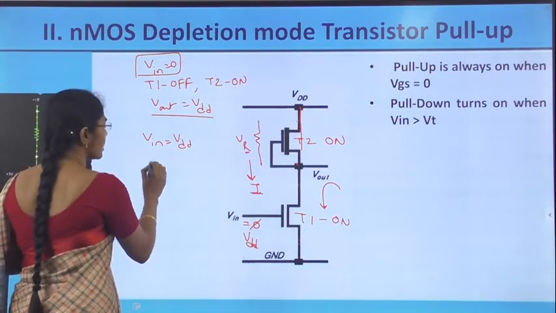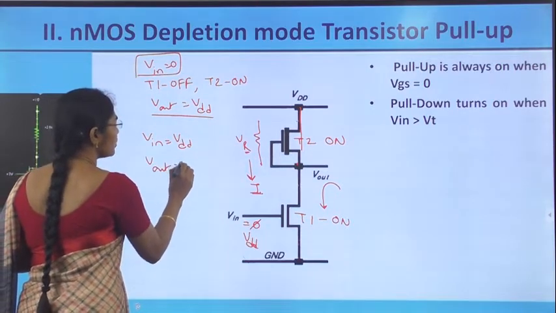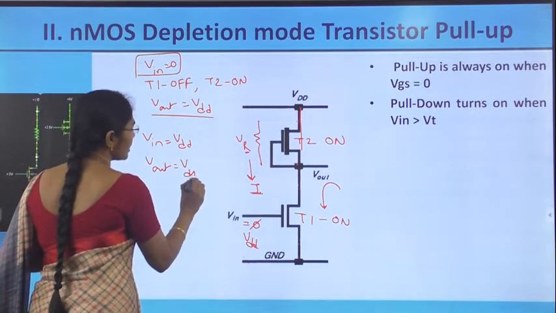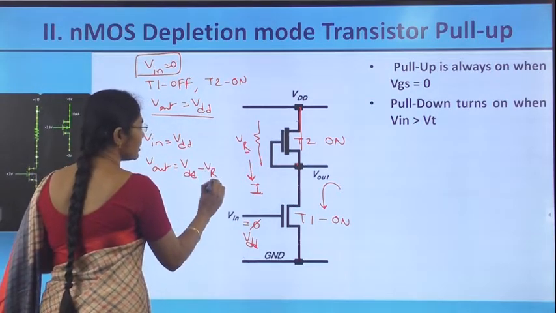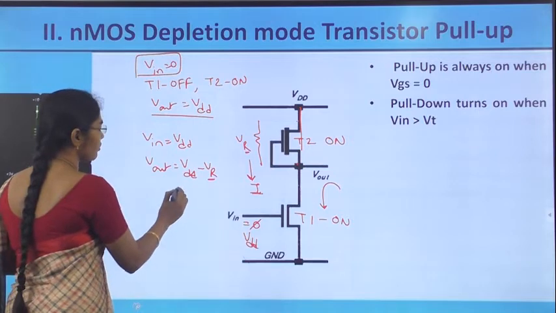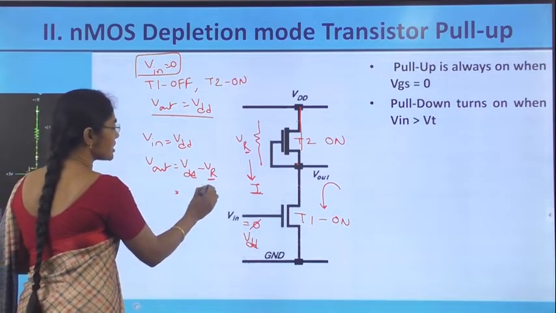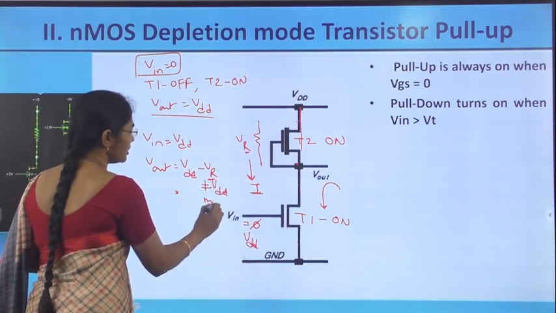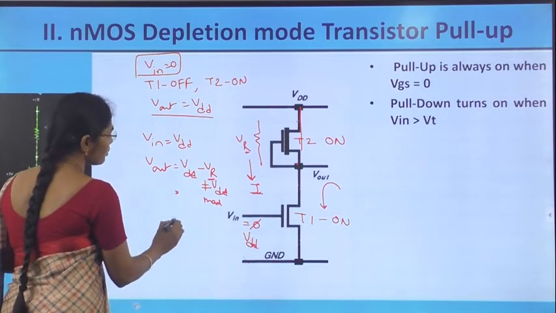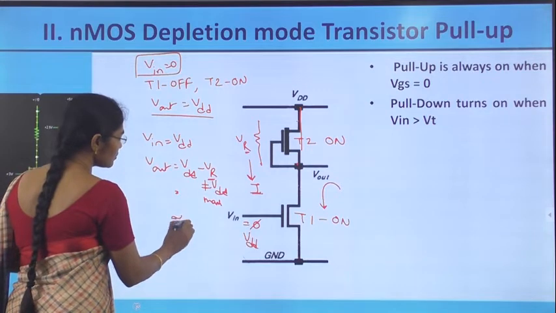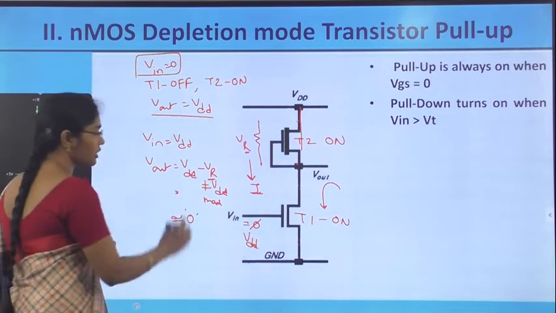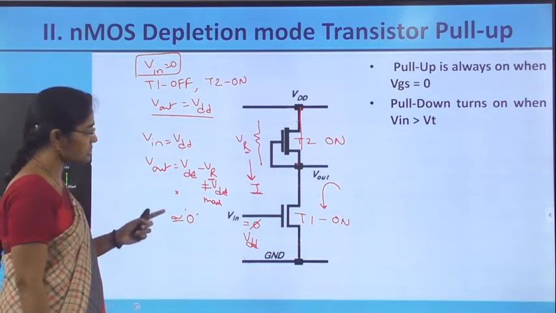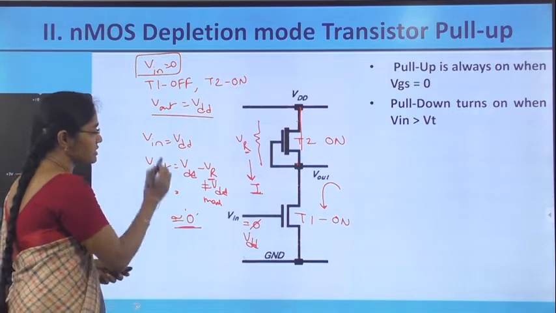So therefore, Vout is equal to VDD minus VR, and VR is maximum. So this difference is not equal to VDD. Therefore, this output Vout is going to be approximately 0, not fully 0.